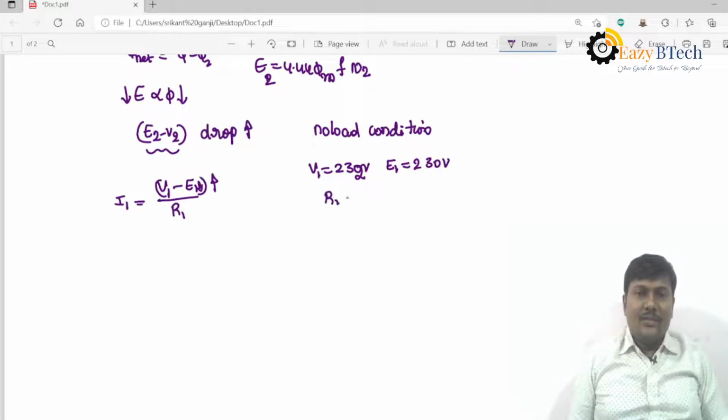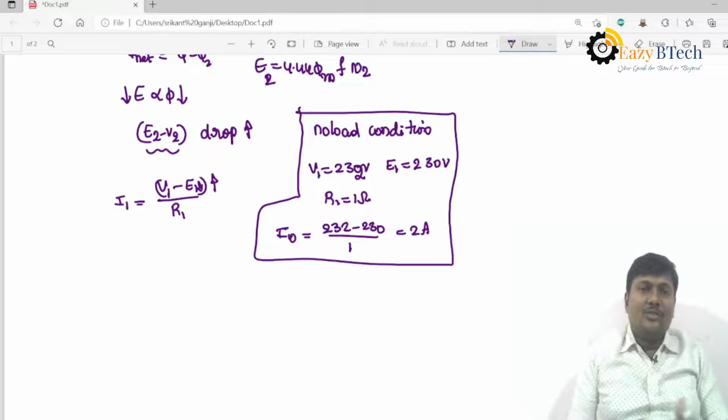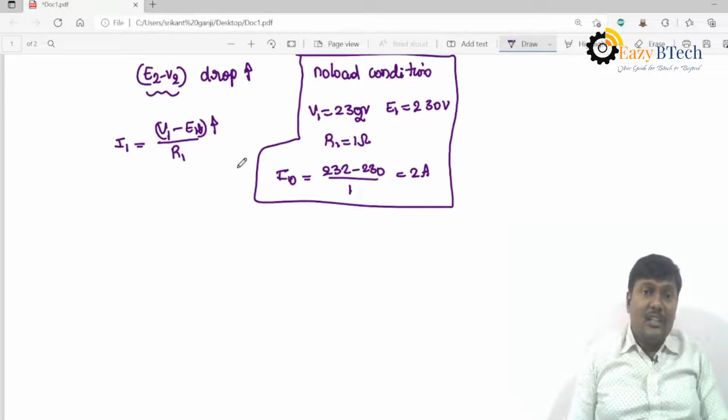The resistance of the primary winding, let us assume, is 1 ohm. Then I naught is equal to 232 minus 230 divided by 1, that should be equal to 2 amperes. This is under no load condition. Generally the voltage is not 232, but what I want to convey is the difference between the no load current and full load current.